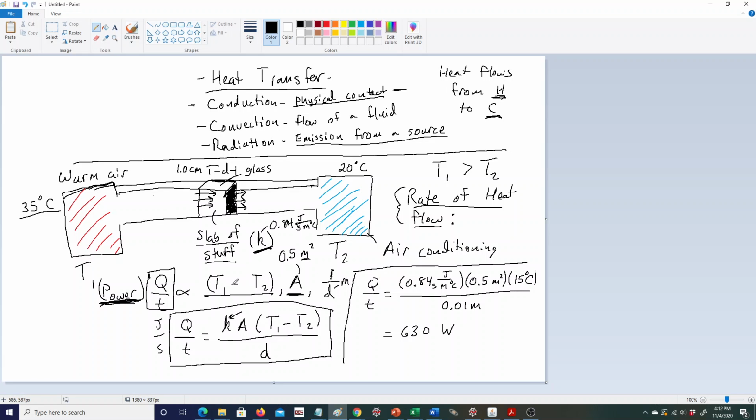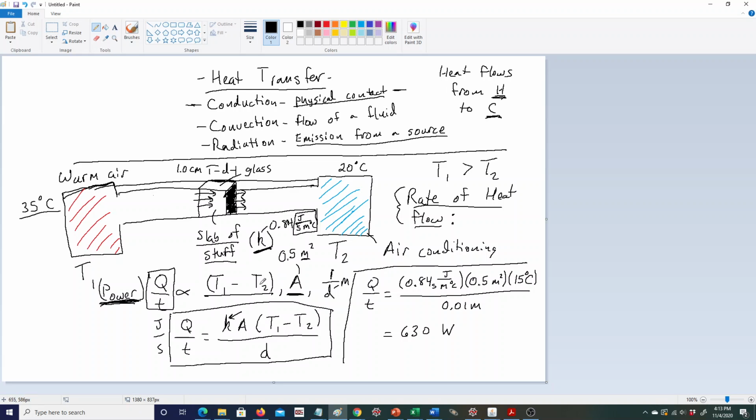The temperature difference is going to be measured in degrees Celsius. And so to get the proper units on each side, your thermal conductivity K needs to be joules per second per meter per degree Celsius.